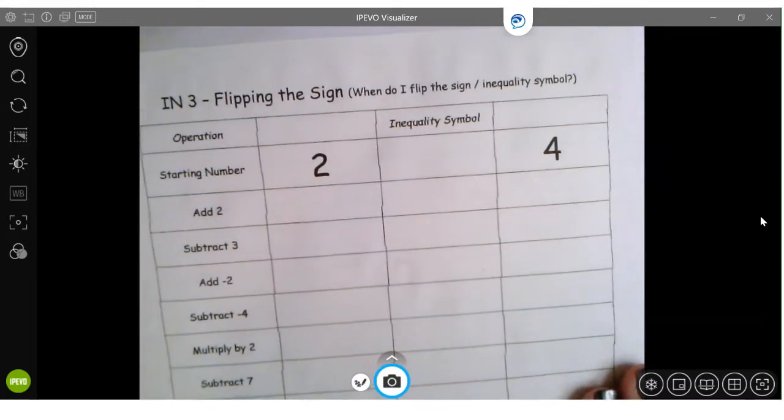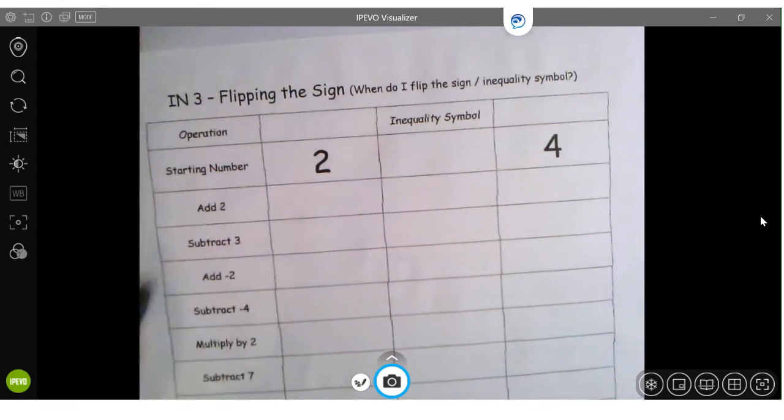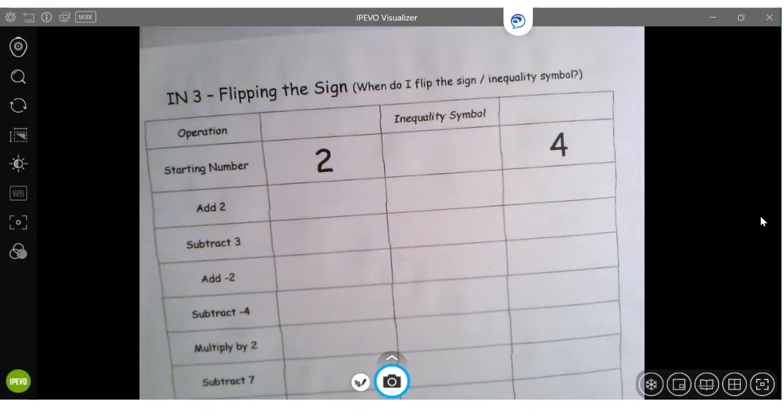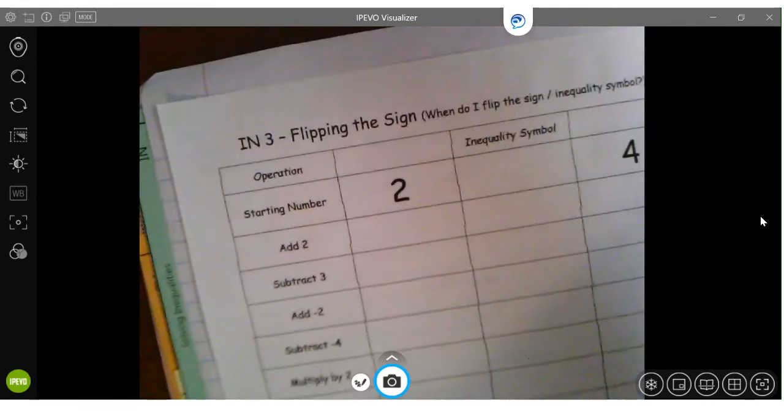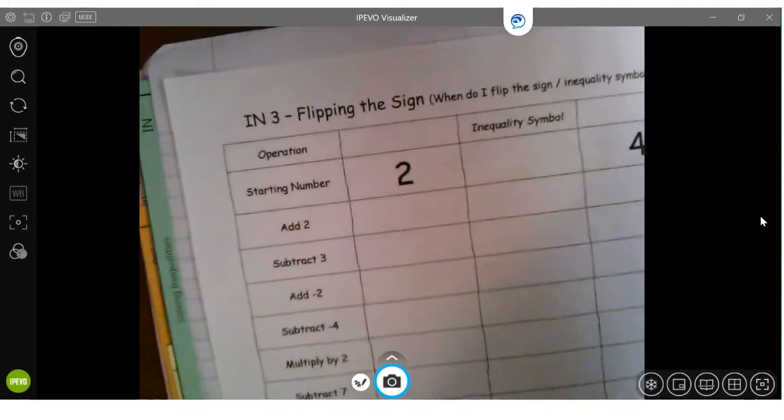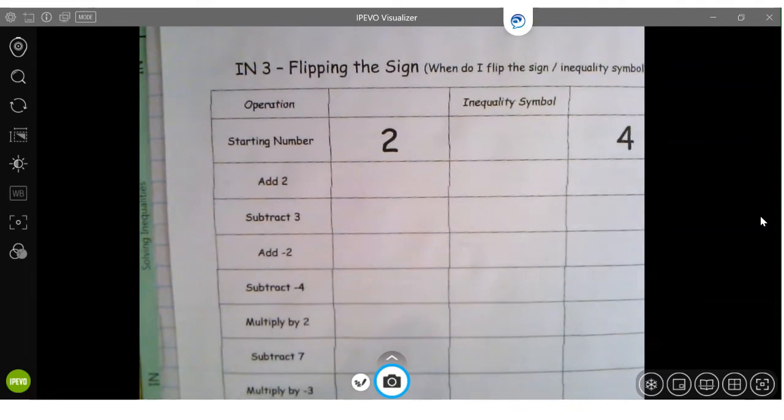So flipping the sign, or the inequality symbol. Most of the time, as you'll see from our one-step inequalities yesterday, you basically just carry down the inequality symbol as you solve the problem.